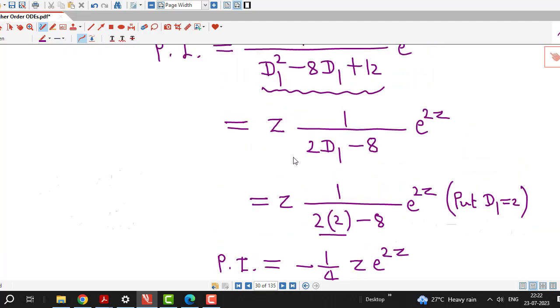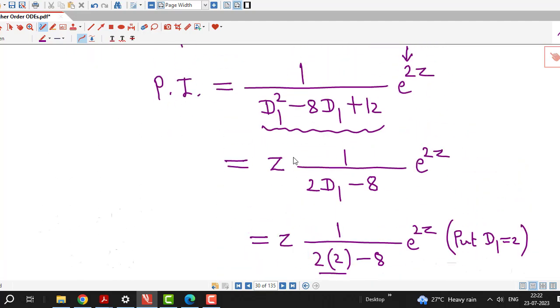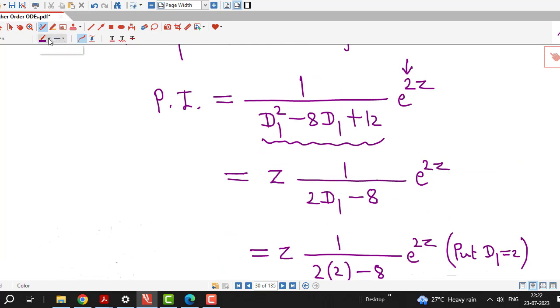So if you are familiar with shortcut methods, you can easily obtain particular integral. Here we can see that right hand side is e raised to 2z, therefore we can apply that shortcut method, and first we take D1 equal to 2 in this function of D1, but this becomes 0 for D1 equal to 2, therefore I multiply by z and I take derivative of this function, which is 2D1 minus 8.